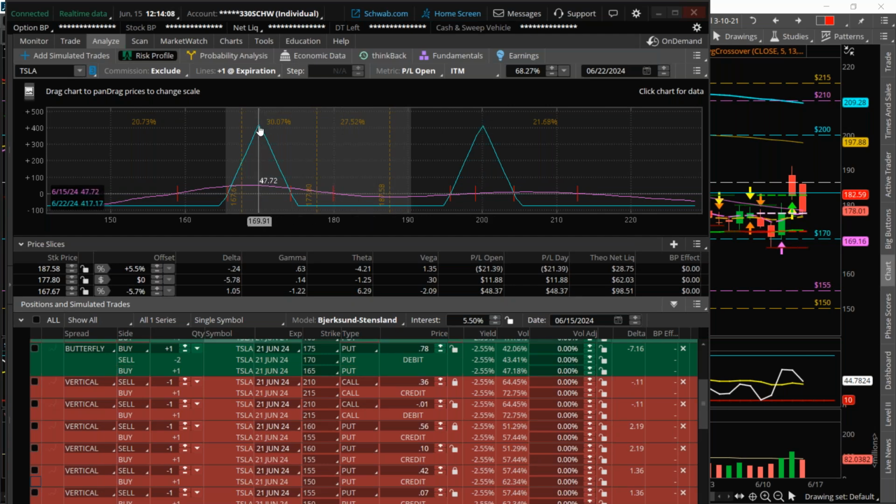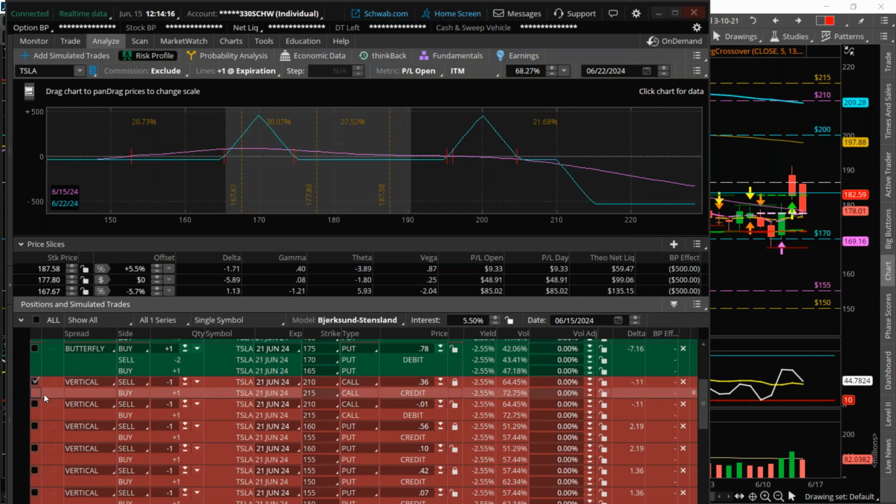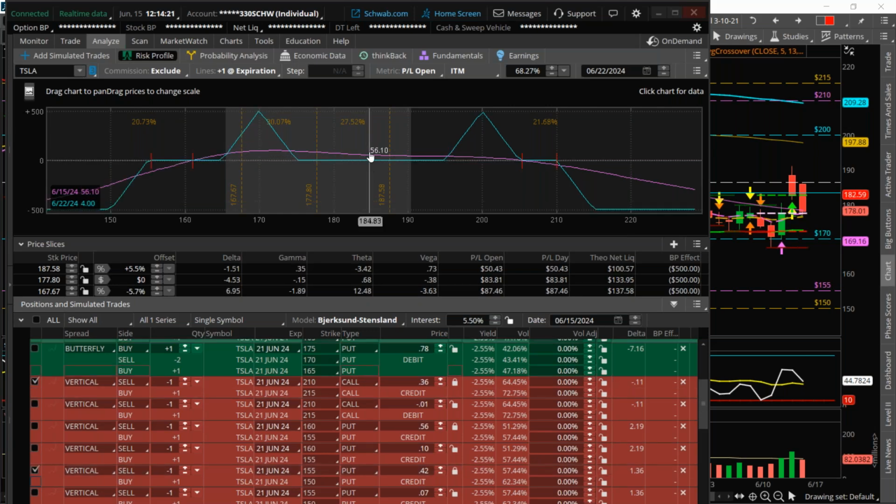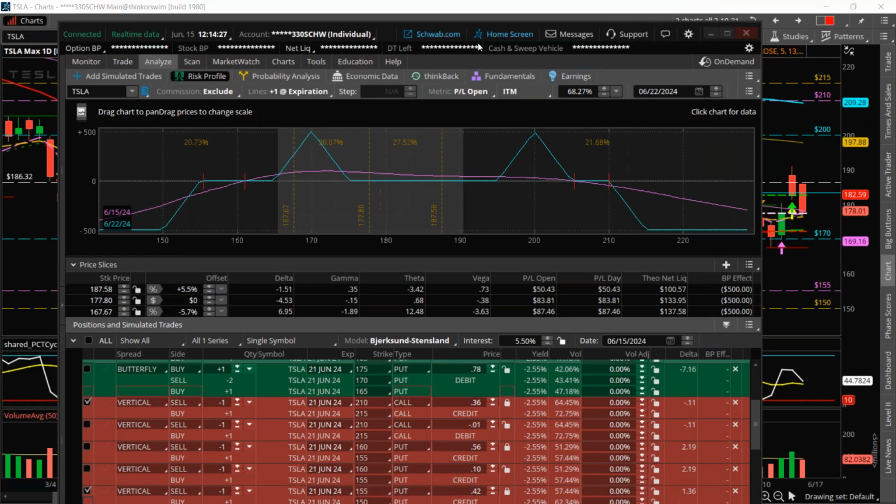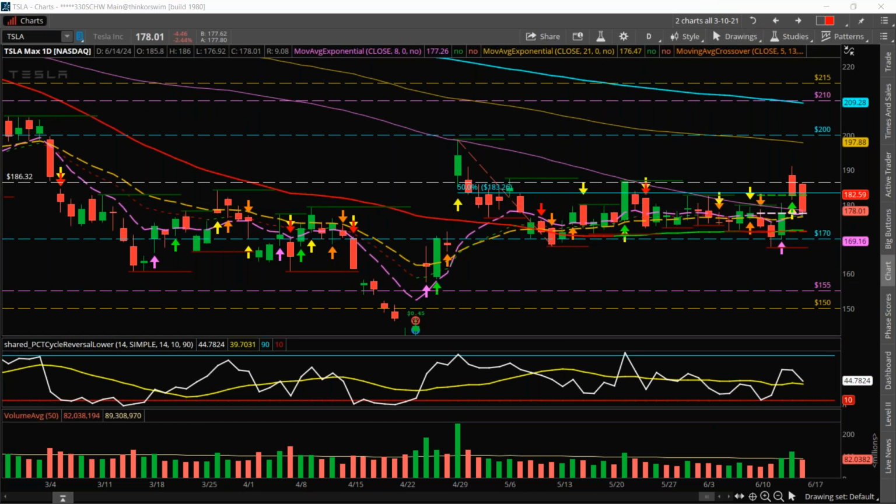If it goes out at 170, you make about 420. But if it goes out in between without that iron condor, you'd lose 74. So we did the credit spreads around it, and that made it no loss, actually a small profit if it goes out here. A pretty cool way to do that. Did that one in the room. All right, so those are the kinds of things I'm always thinking about.